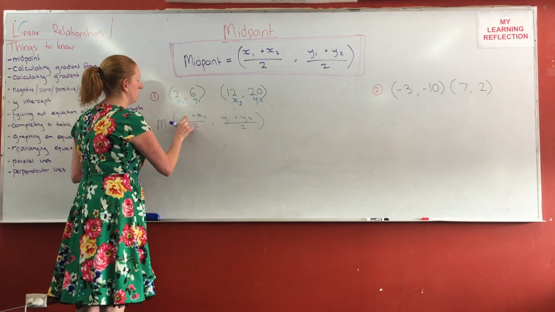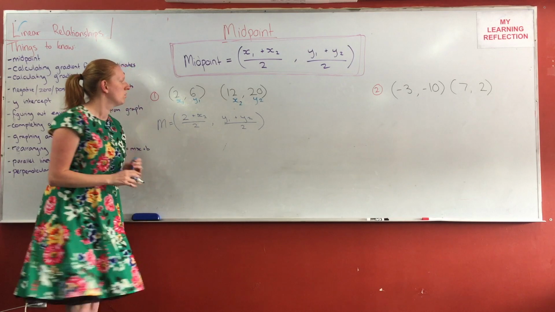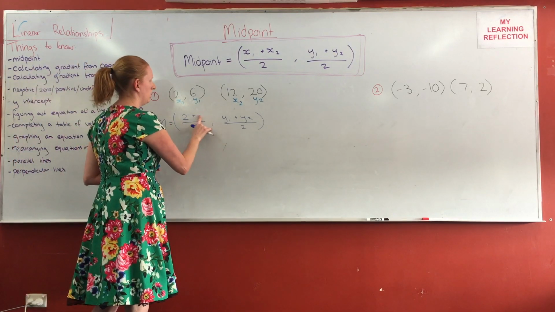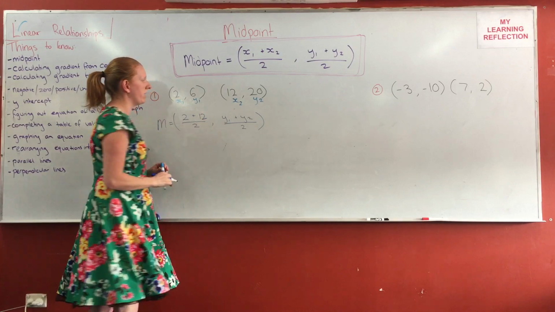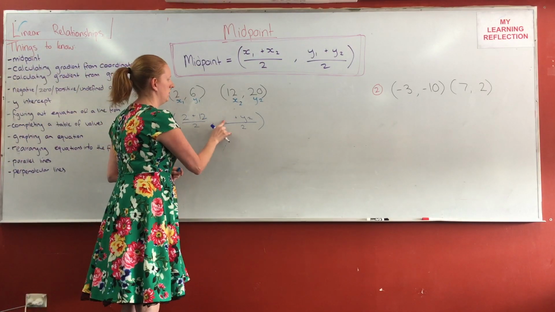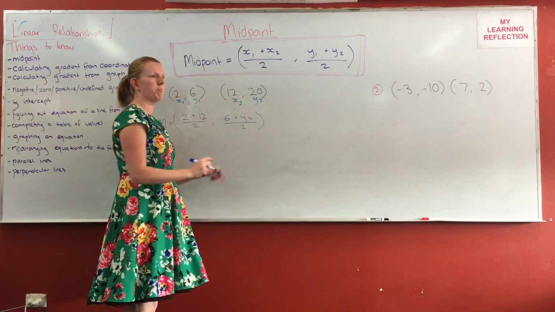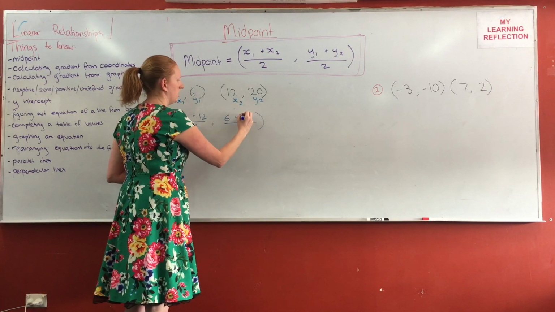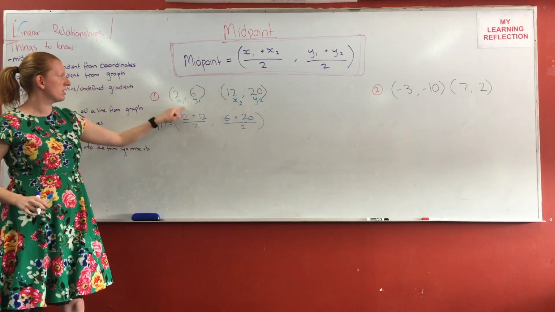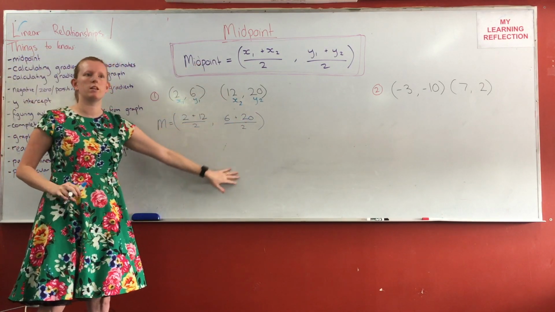Great. What's my x2? Great. What's my y1? Yep, and my y2 is 20. Great. So I've taken my formula and all I've done is chuck these numbers in the place of the letters.